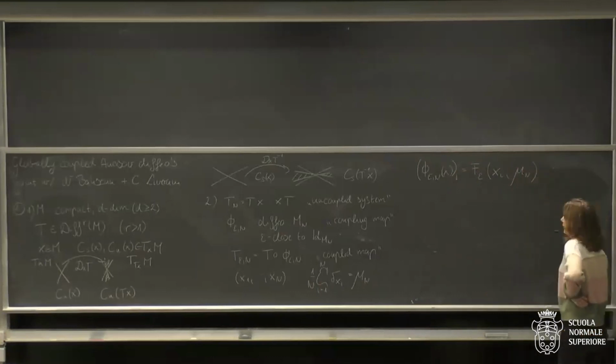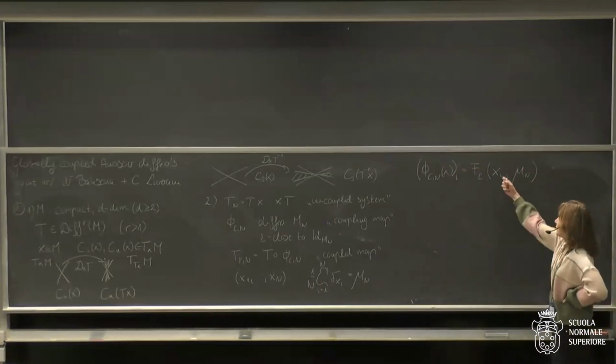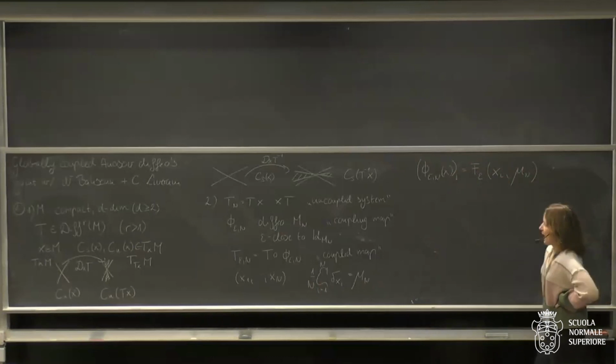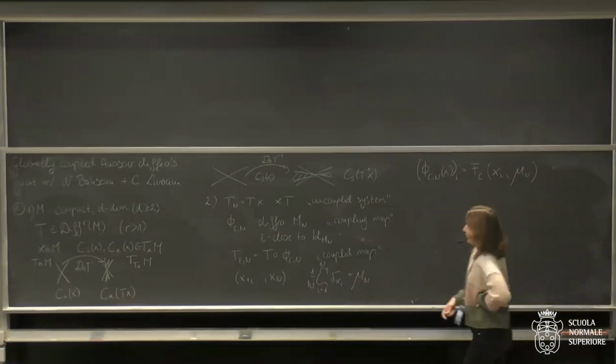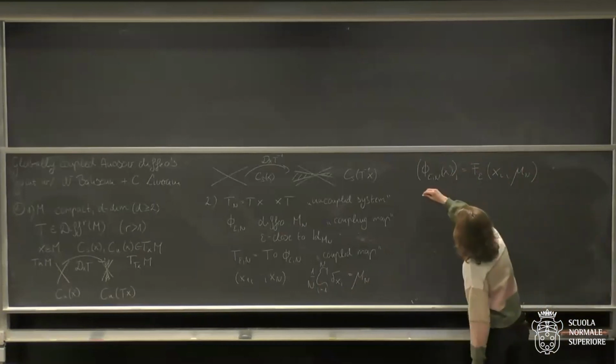So this means if I want to compute what happens to the i-th coordinate, I only need to know what the i-th coordinate is and what the average state of the system is. And this is what people call mean field coupling.